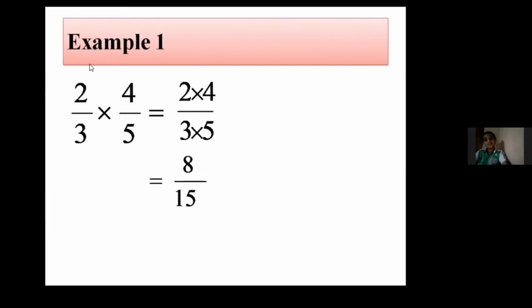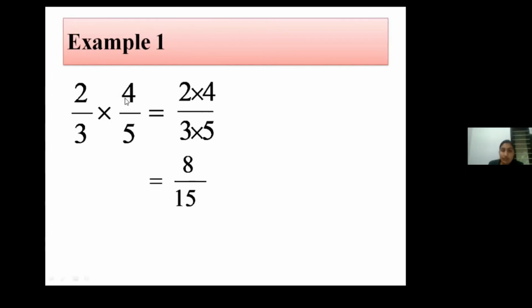Okay. Next example, 2 by 3 into 4 by 5. Multiplication of two fractions. In the fraction 2 by 3, 2 is the numerator and 3 is the denominator.